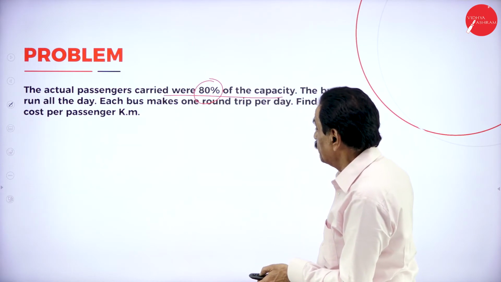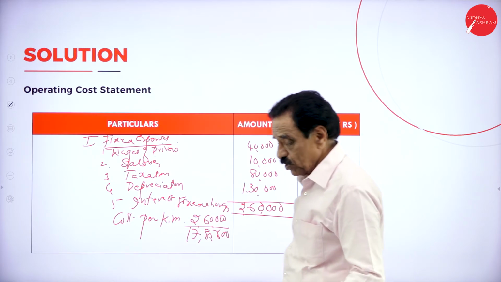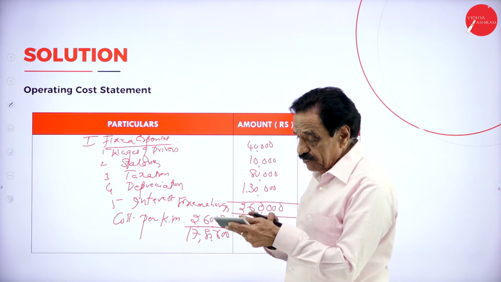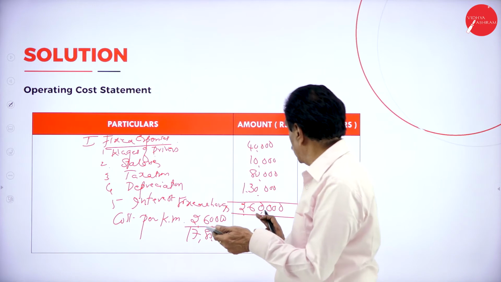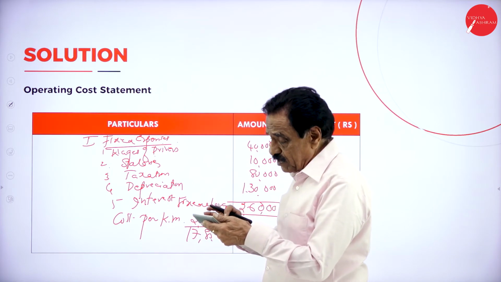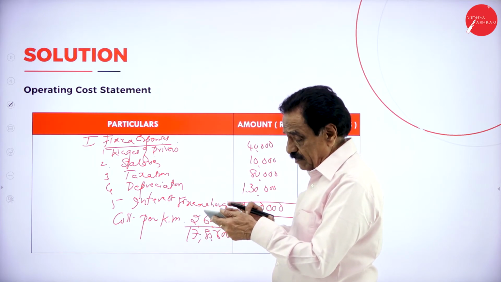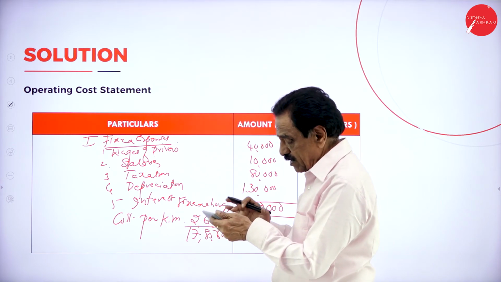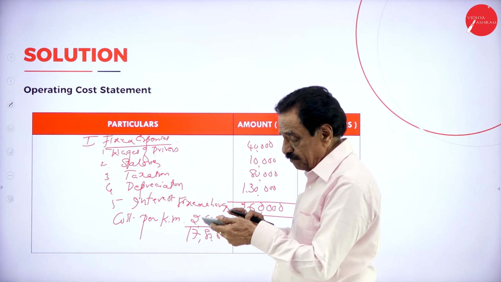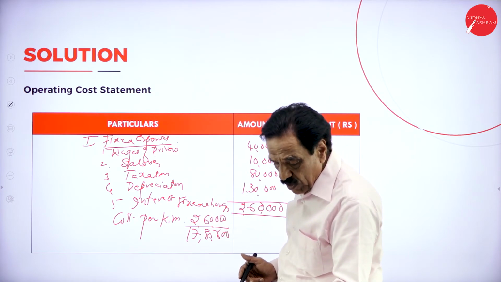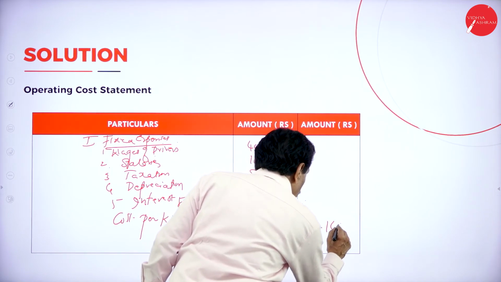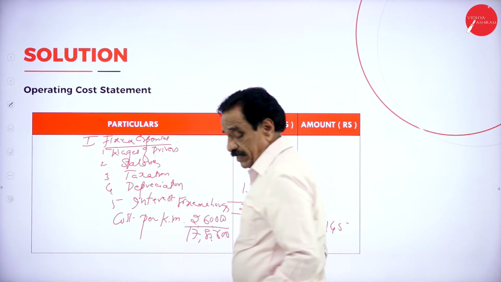If you divide now, 2,60,000 divided by 17 lakh 85,600, it is 0.145 per kilometer.